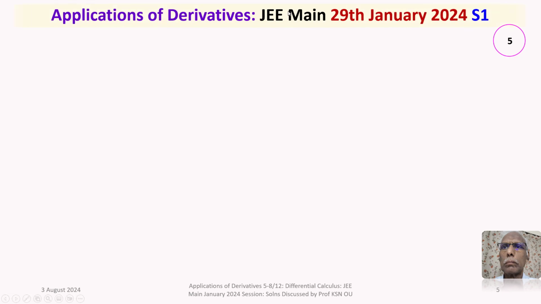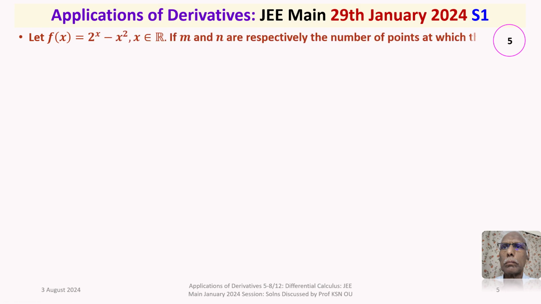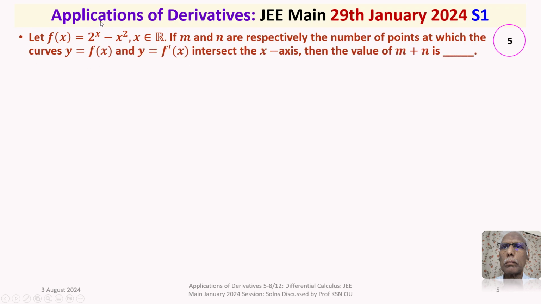This question has appeared in the JEE Main exam held on 29th January 2024 in the first shift. The given problem is: let f of x is equal to 2 power x minus x square, where x belongs to the set of real numbers.